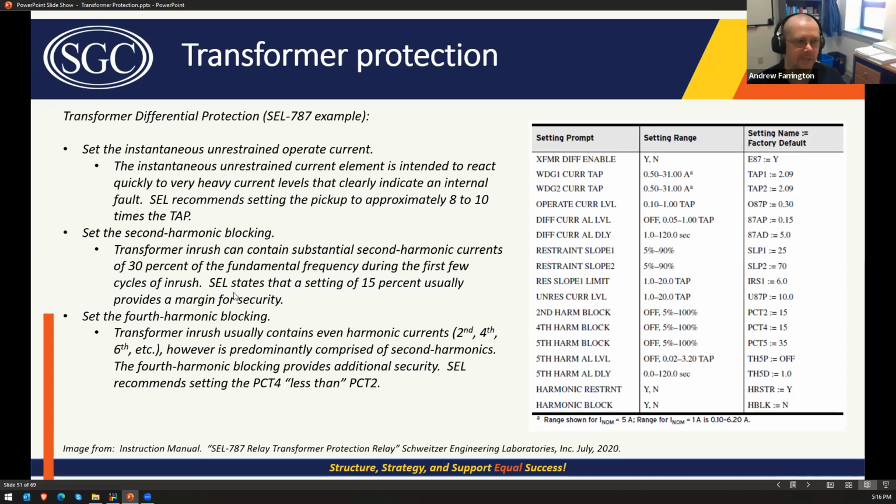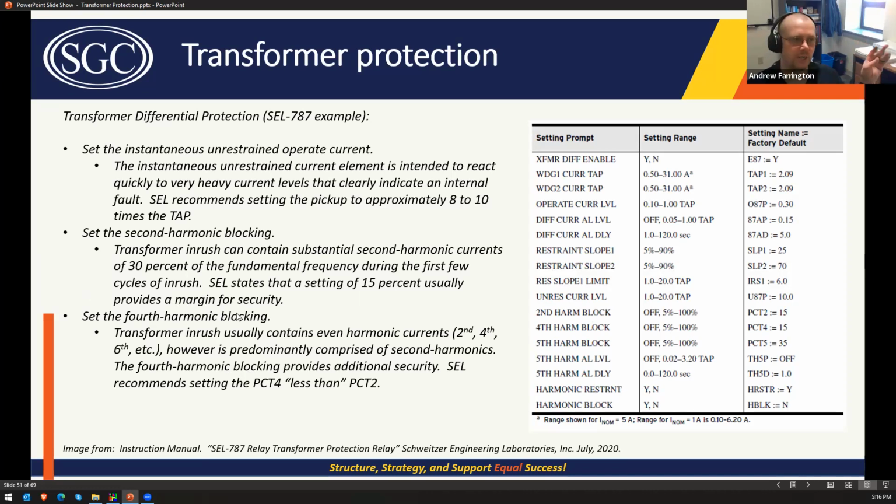In general, in practice, you usually make assumptions and general safety factors on these things, either recommended by the instruction manufacturer, the relay manufacturer, or the client standards. Schweitzer says that 15% blocking is usually sufficient for security purposes.